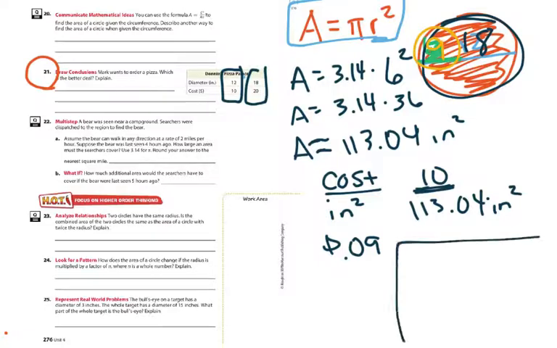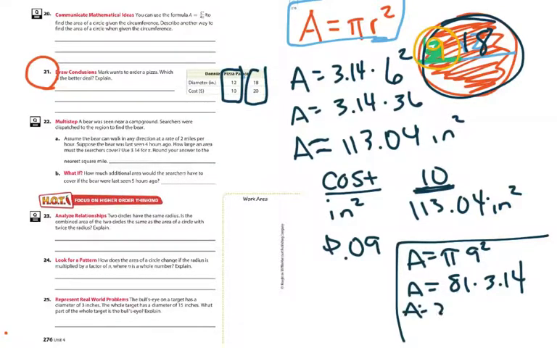So if I do my work down here, area equals pi times 9 squared, which equals 81 times 3.14. I just used the commutative property of multiplication because that's how my brain was working right there. And I end up with area equals 254.34 inches squared.